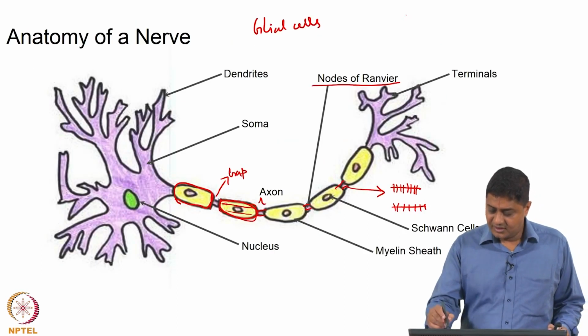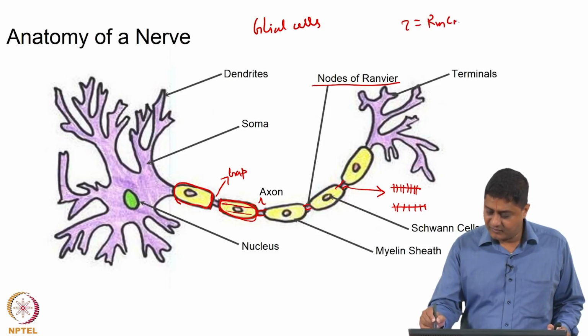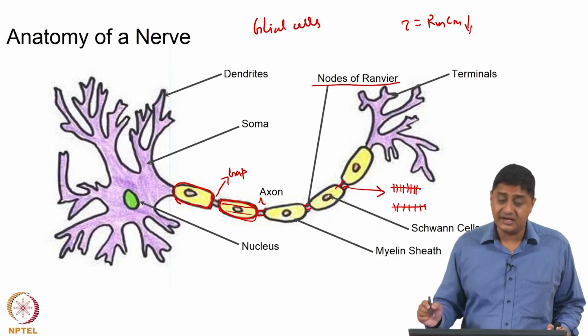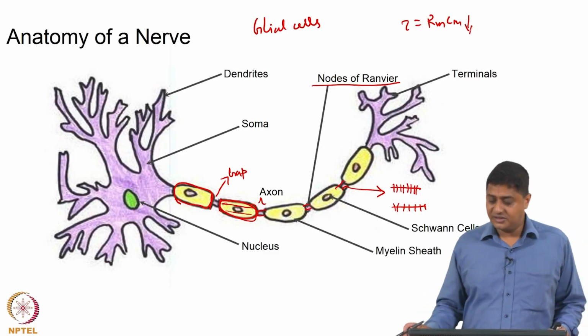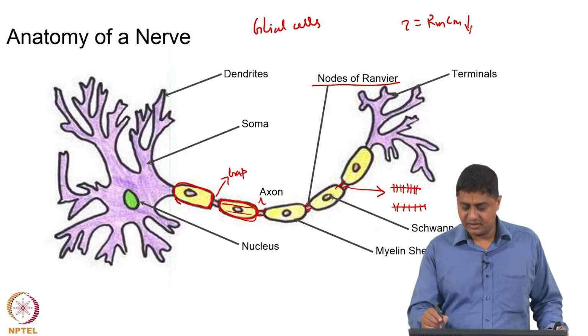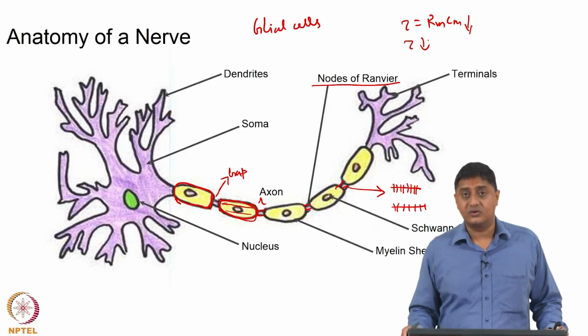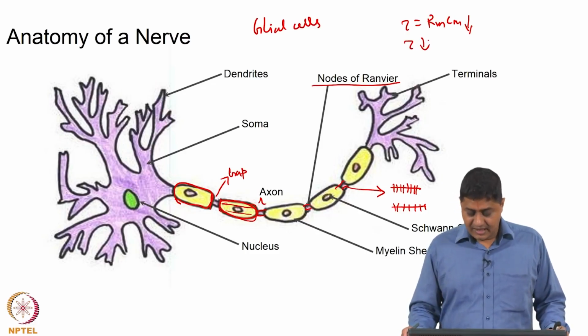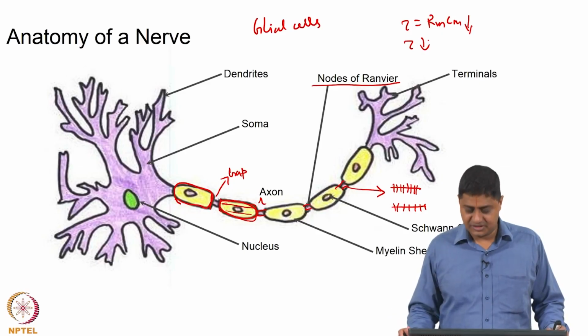Essentially, let us remember, tau is Rm Cm. When Cm is reduced greatly, this will lead to a situation where tau is reduced to a large extent. This means by myelination I can increase the length constant and I can decrease the time constant.